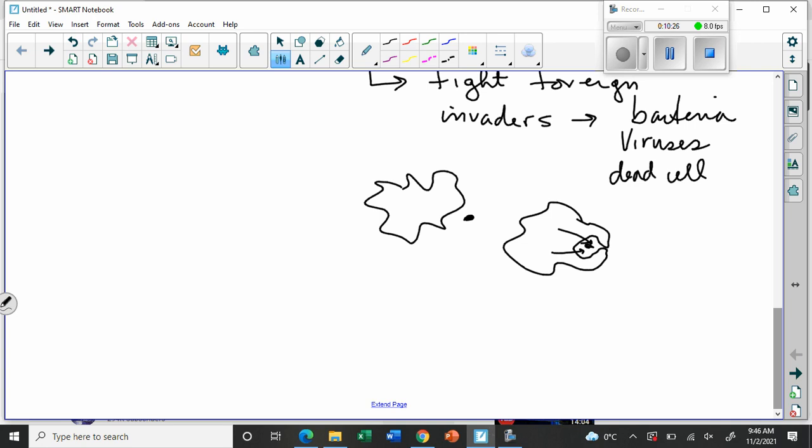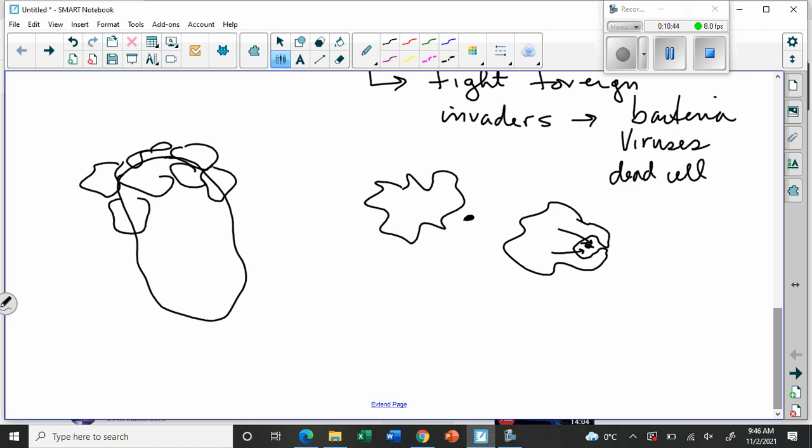If it's something larger, like maybe some large foreign object, or maybe it's a grain of pollen that you're allergic to or something. What they do is they all swarm around it. You get 100 of them all swarming all over this object. Maybe it's a sliver of wood that you stuck in your finger.